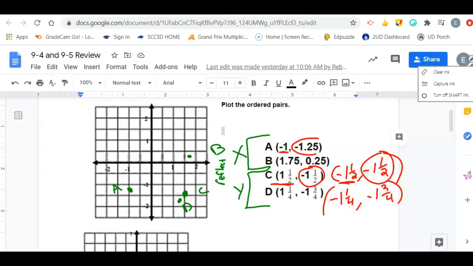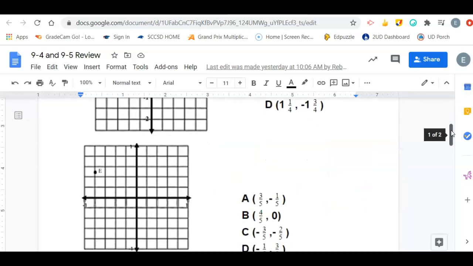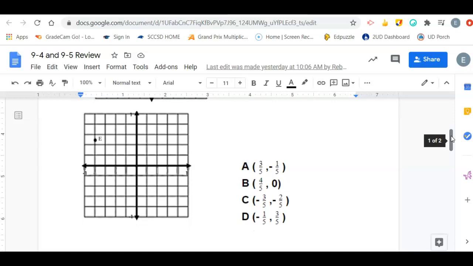Okay. I would like for you then to go ahead and use the second coordinate plane. I want you to plot those points. Be careful. You know what each value of the line is.